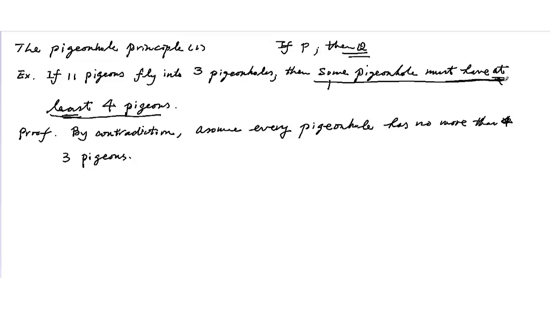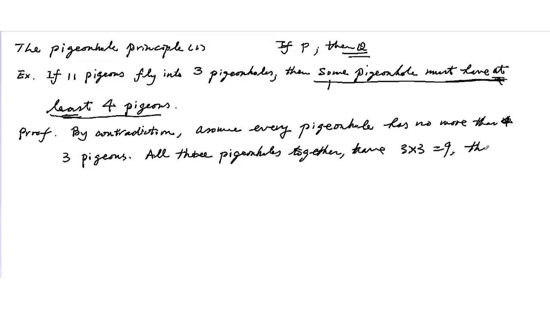So when we negate, it has no more than 3, including 3. If each pigeonhole has no more than 3, then the maximum is 3, so all 3 pigeonholes together have 3 times 3, which is 9.